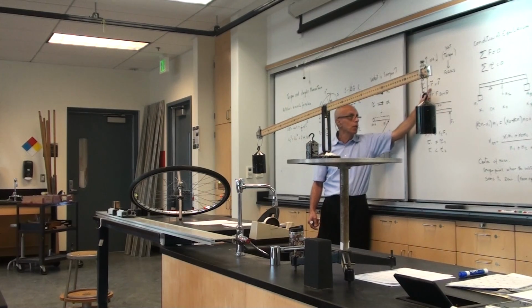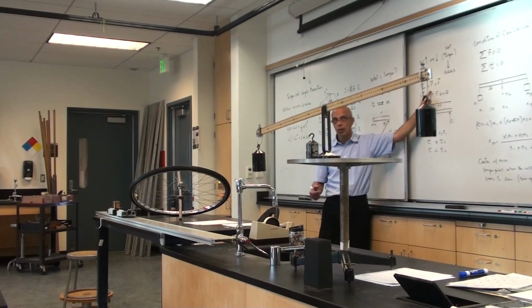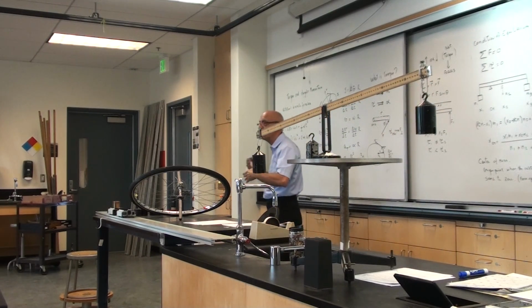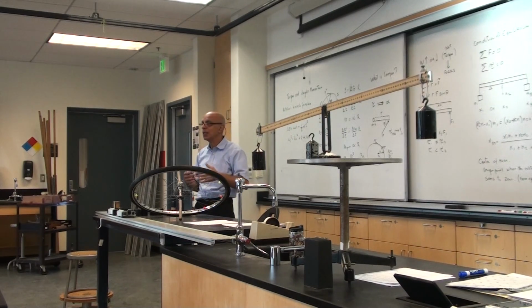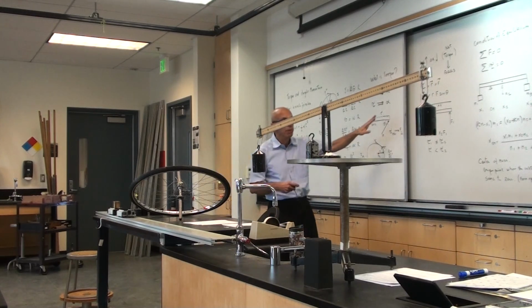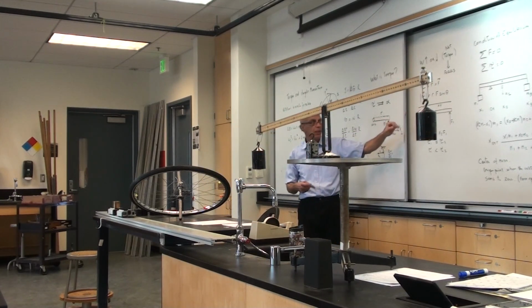So from here, torque is a cross product between two vectors. The cross product between two vectors is a vector, right? You guys remember that from the basic math that we reviewed last class.